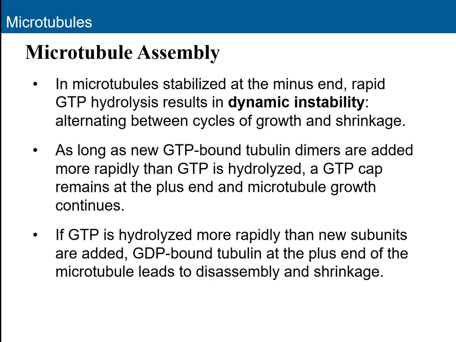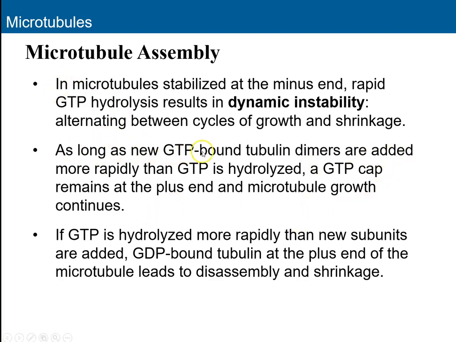In microtubules that are stabilized at the minus end, if you have rapid GTP hydrolysis, basically you can have this dynamic instability, and the tubulin molecules breaking away from each other, okay? And so the GTP and GDP, again, is one way the cell can regulate whether they want these microtubules to grow or maybe disassemble, okay? And so it's a way of regulating the assembly and the disassembly of the microtubules, okay?